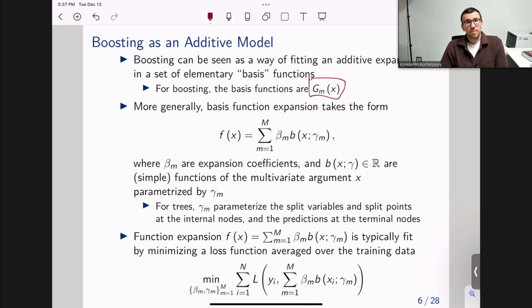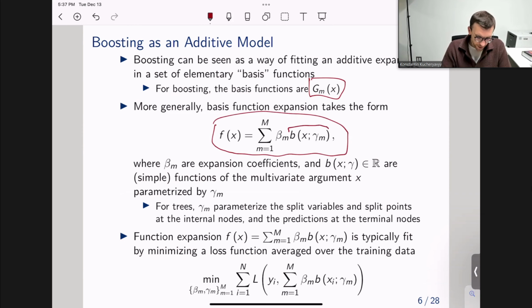More generally, the basis function expansion takes this form, where the b's are basis functions and the betas are the weights or expansion coefficients.